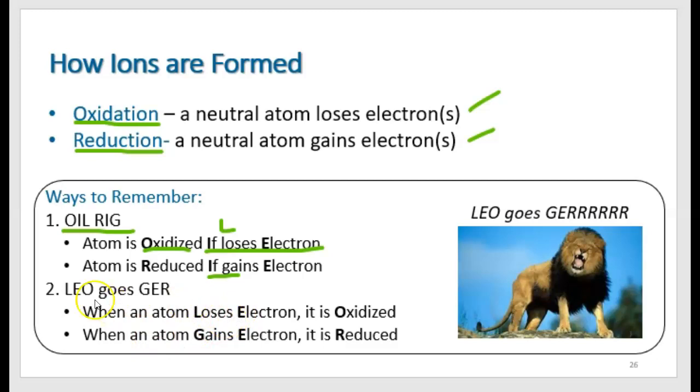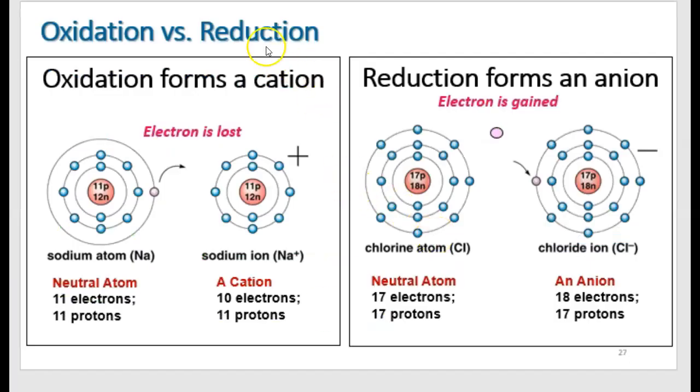That's not the one I use. The one I use is LEO goes GER, like a lion growling. So I just remember LEO, truthfully. When an atom loses an electron, it's oxidized. LEO. Lose electron, oxidized. That's the one I remember. Or gains electrons, reduced. Here's a picture of oxidation and reduction happening.